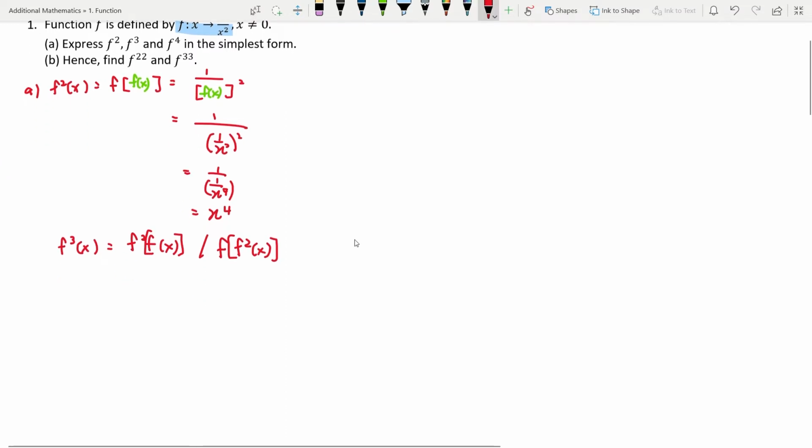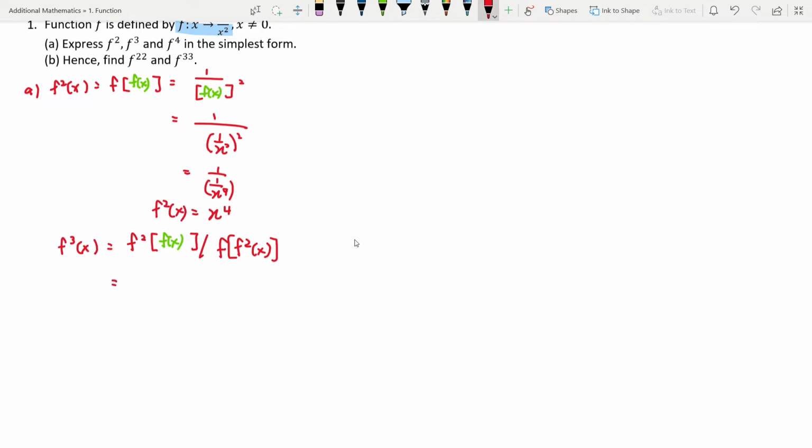The first one is f squared of f(x). The object will be f(x). We need the information from the first part to obtain the formula for f squared. So this is f squared x.